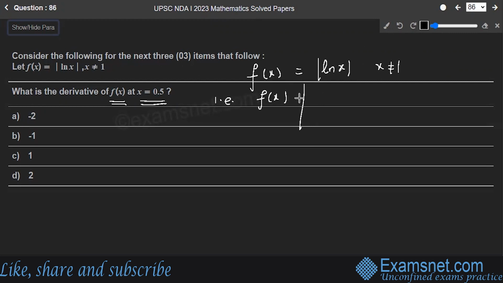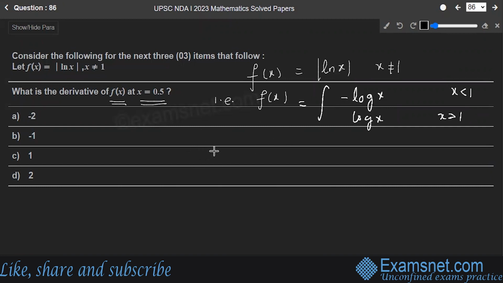It's a modulus function. So this will be equal to minus log of x when x is less than 1, and this is equal to log of x when x is greater than 1, because this function does not exist at x is equal to 1.